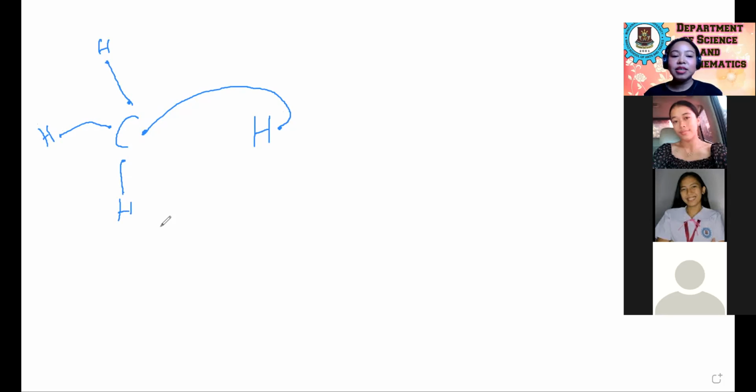Kay nag-share man sila, automatically masabtan nga covalent bond sila. Now, specifically, unsa nga type sa covalent bond? So, dili na to siya makita based lang sa iyang formation. Makita na to siya by looking into their electronegativity value. So, adto ta sa ilahang electronegativity value.